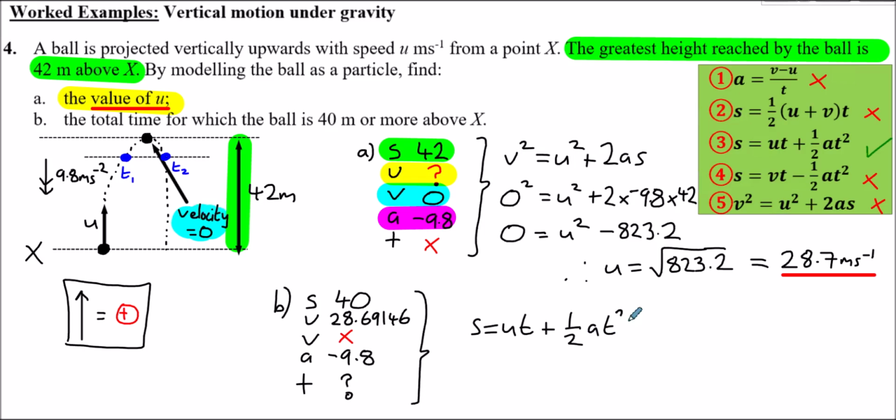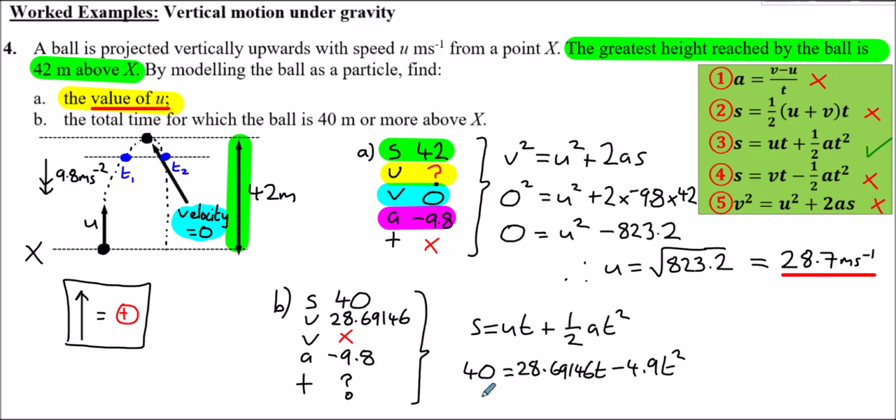So we start with this and we can fill in what we know. So s, we're going to go for 40. So 40 equals ut, so 28.69146t. Now half times a, that's going to be half times minus 9.8, so it's minus 4.9 t squared.